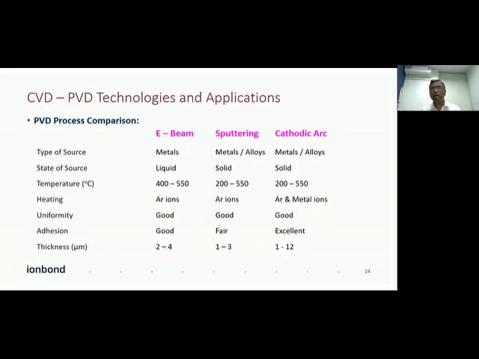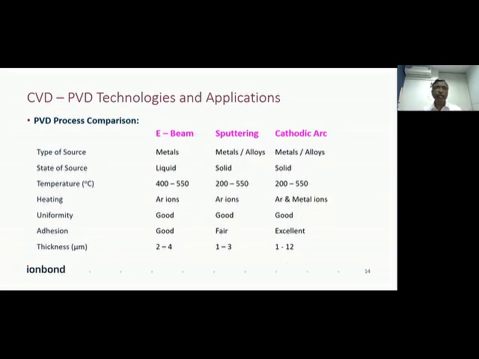Whereas in the hot forging application, where the impact load is very high, if we give a 1 micron coating, the coating will not withstand such a high load. So there we need to give 8 to 10 microns or 12 microns. So depending on the application, we need to choose the appropriate coatings.